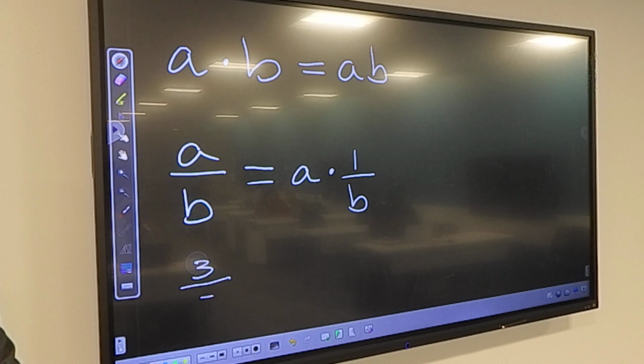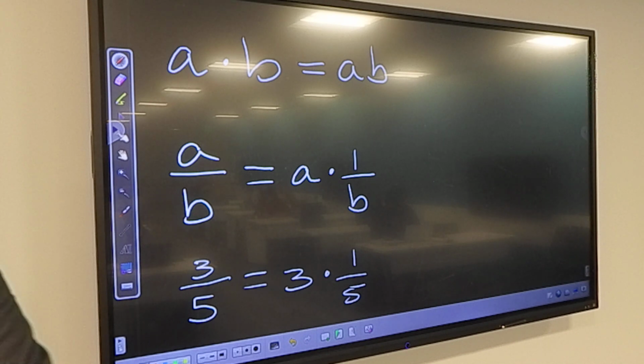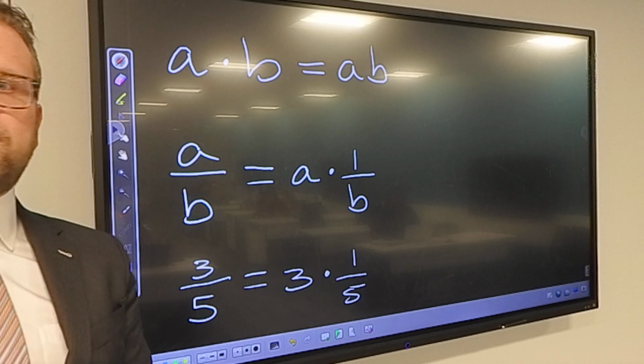So this number, 3/5, 60%, 0.6, is 3 times 1/5. It's 3 times 20%. That's 60%.